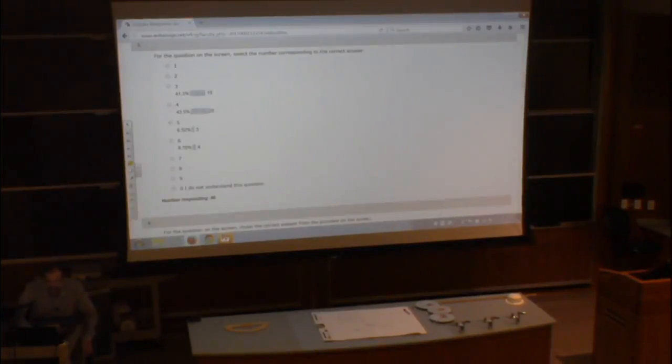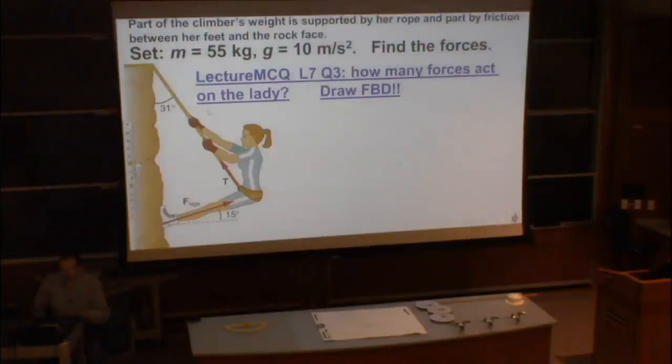but these are almost even. So, how many forces did you choose? Count them here. Gravity, no doubt.